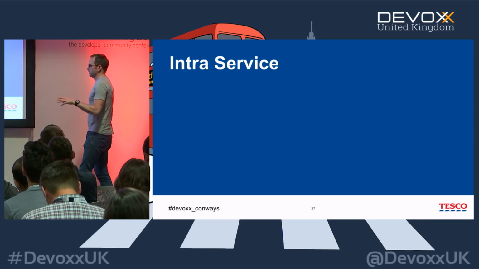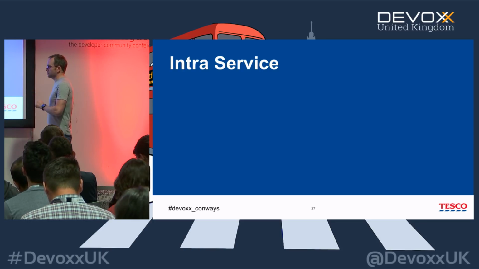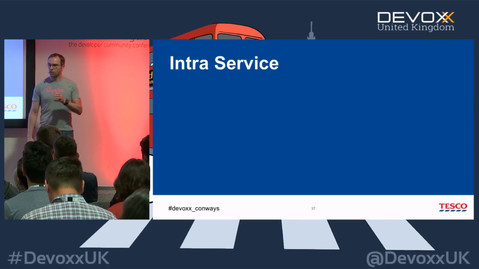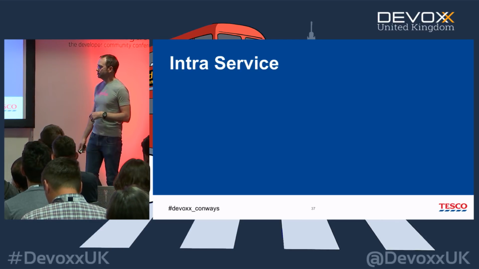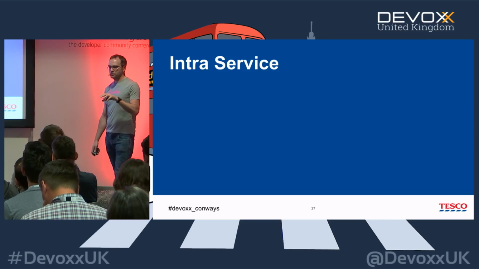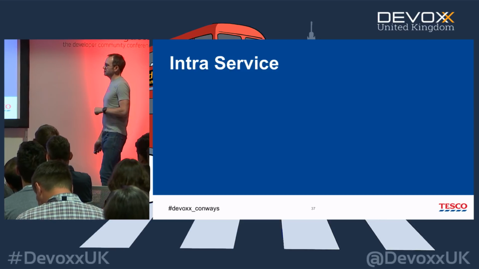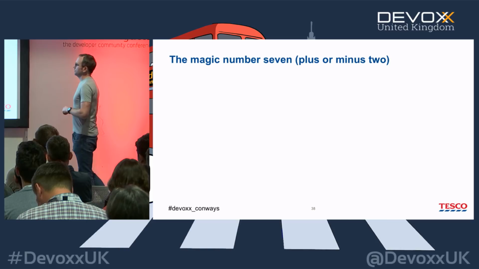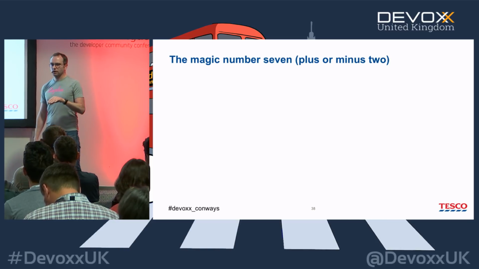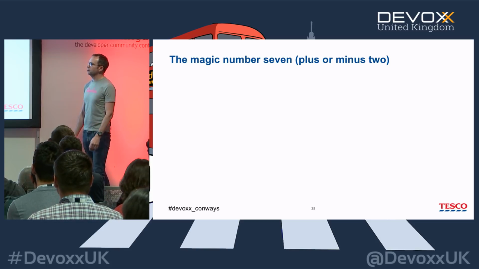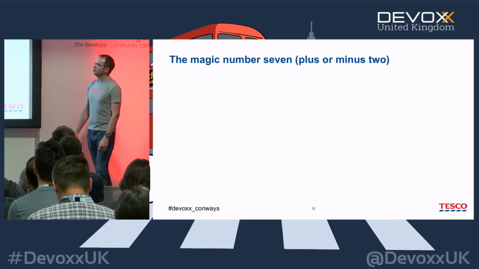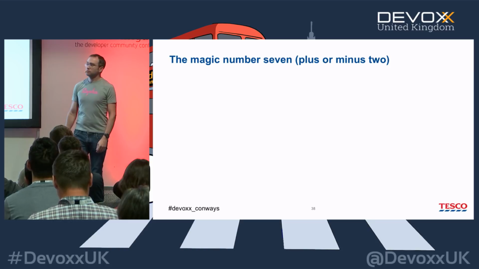So finally, in our levels of granularity, we're going to dive down into what I personally find one of the most interesting, because it's really what my job is, and that's about what happens within the scope of one of these services itself. So here our foundational construct goes by a variety of names, and you may have heard it as the magic number 7 plus or minus 2.